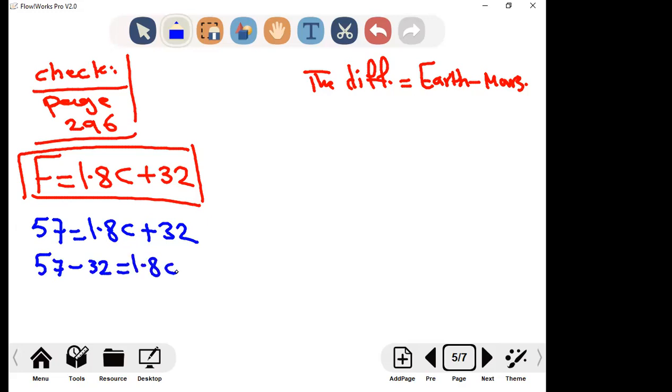From where did I get this 57? From where did we bring it? From the table, and the formula from the question. Okay, agreed?